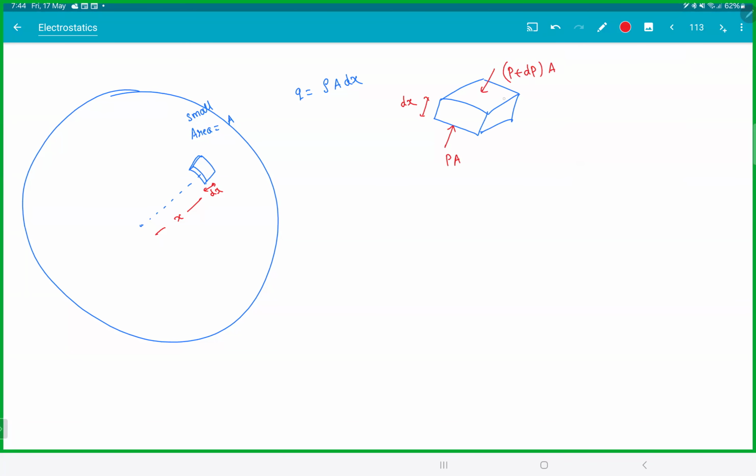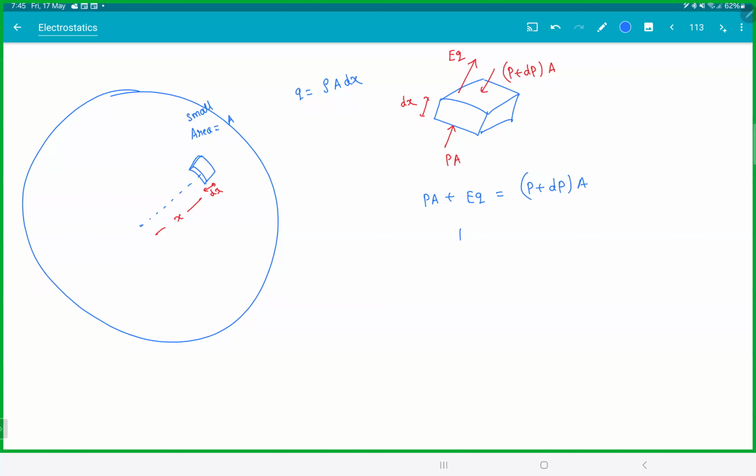And the electrostatic force will be E into Q. So from this equation, we can see PA plus EQ is P plus dP into area.